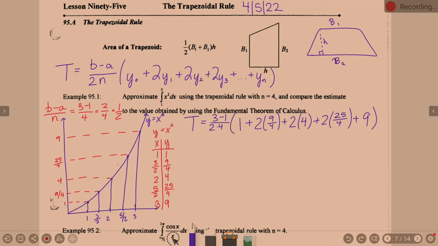From here I'm just going to do the cleanup. 3 minus 1 was 2, over 2 times 4 is 8. 2/8 is 1/4. 1 plus 2 times 9/4, how about if I say 9/2, plus 8, plus 25/2, plus 9.